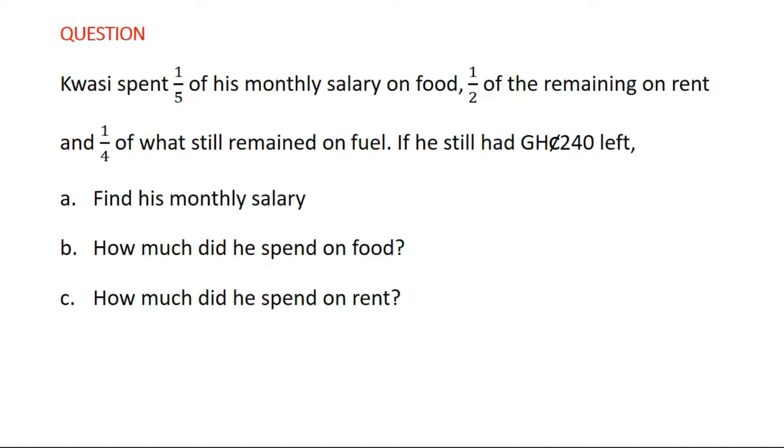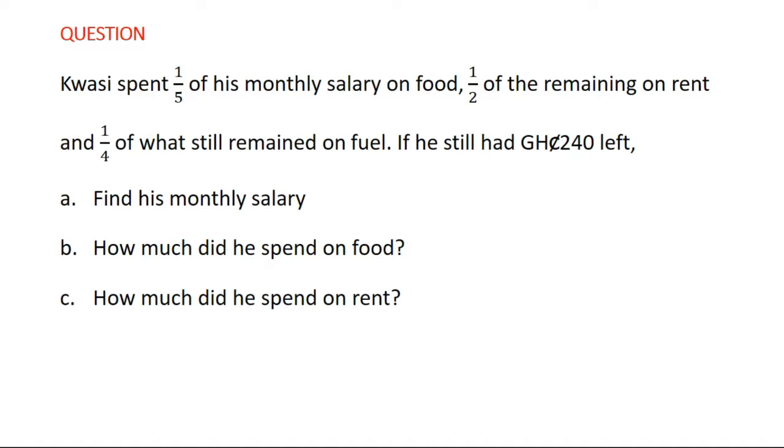So the question is telling us that Kwesi, who is probably a monthly worker or a government worker, took his monthly salary and he spent 1/5 of it on food. Then he spent 1/2 of the remaining, what remained after he had spent on food, on rent.